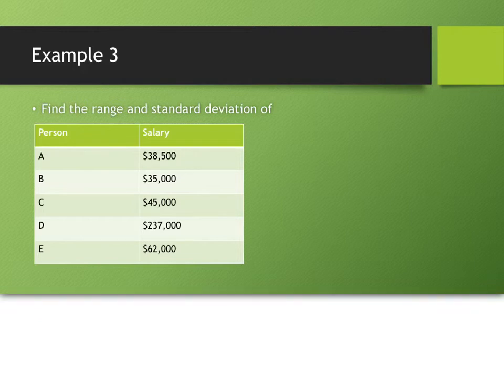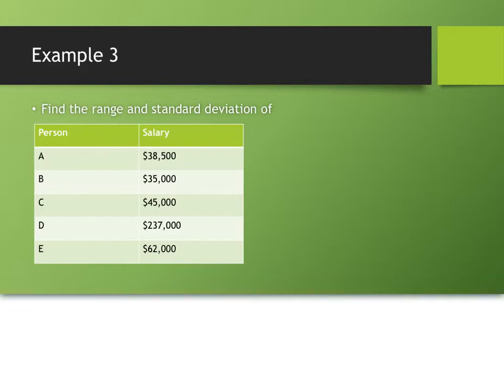Now, this one's a little bit more cumbersome, but it's still doable as far as range and standard deviation go. Okay, so I want you to push pause and calculate the range and the standard deviation of this. All right, so hopefully you've done this.